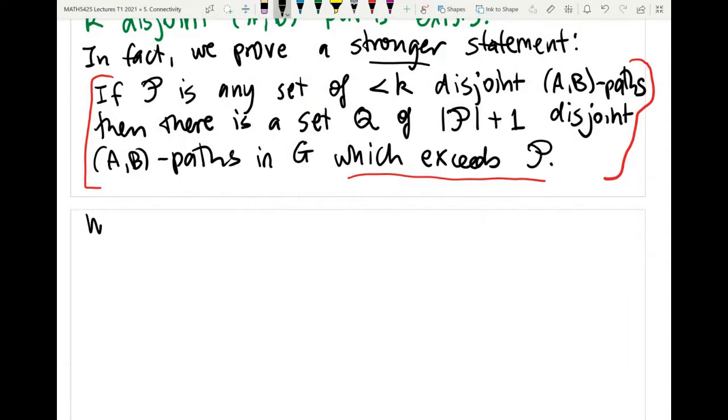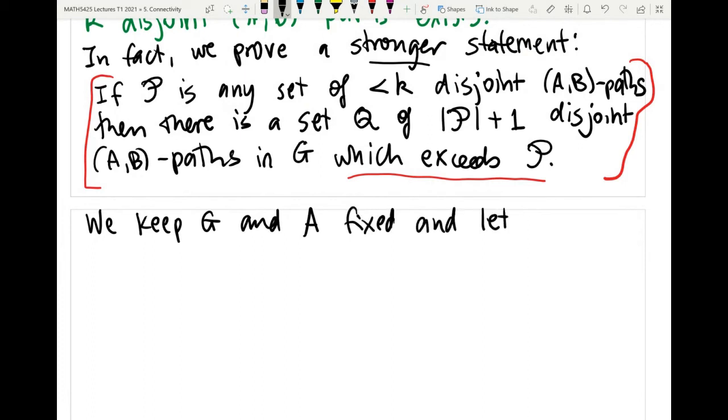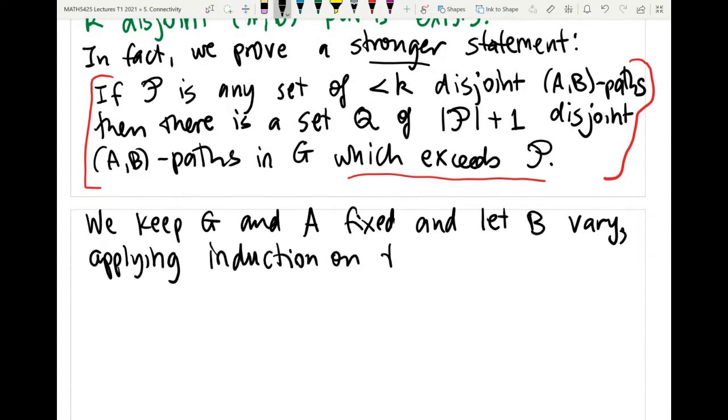Here's how we do it. We keep G and A fixed, and we're going to let B, the right-hand side, vary in a way that we'll see soon, and we apply induction on the number of vertices in the union of the paths in our collection.